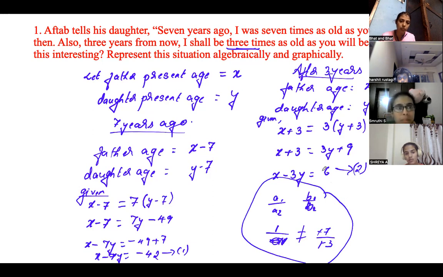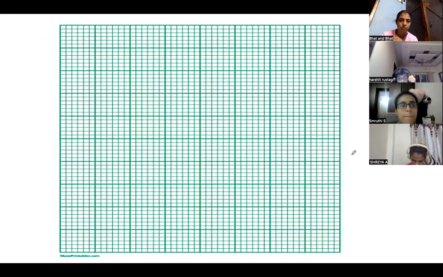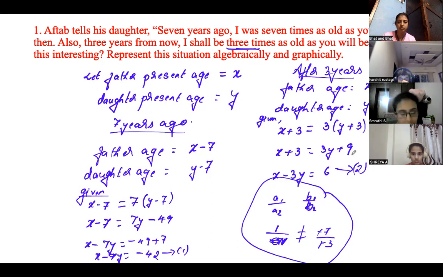How did we get the two equations? Yes, ma'am. Yes. Now write down this. Then I will tell you how we get the coordinate points to do the graphical method. I have the graph also. I will plot here and show. Write down this. After that, I'll show you that. Write both question and answer.